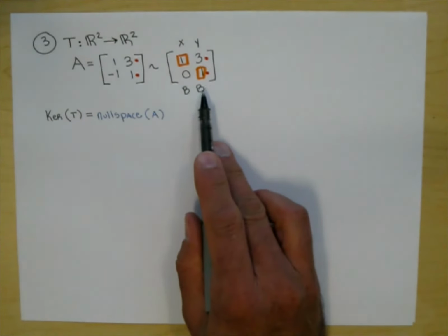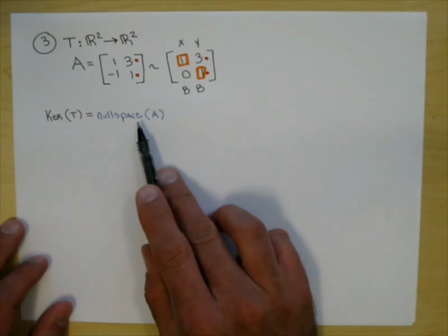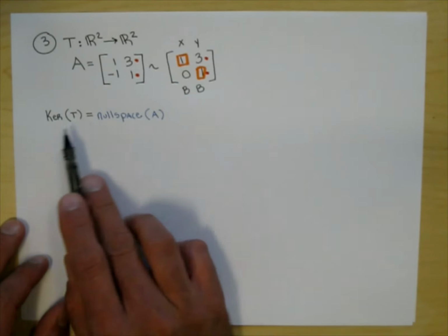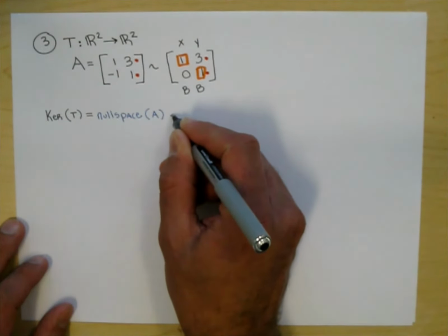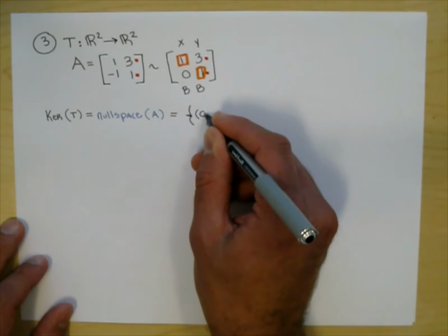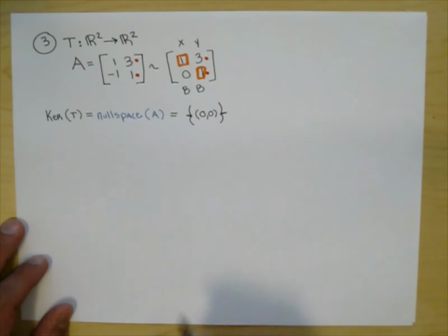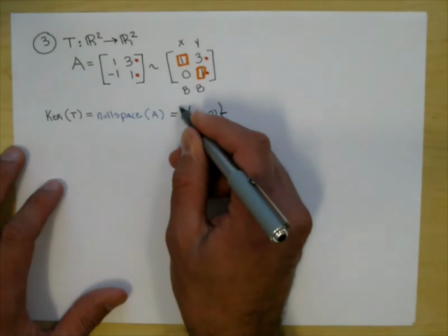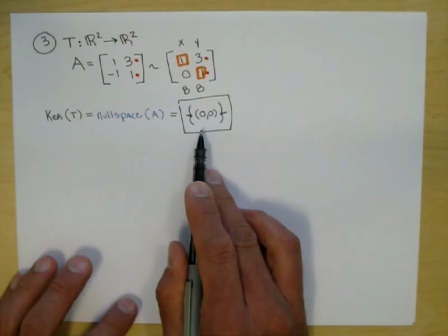And so Y equals 0, X equals 0. The null space, or the kernel, which is the same thing in these examples, the kernel actually equals 0, 0. So it's the same answer as the last problem. That's all right. Okay, so there it is.